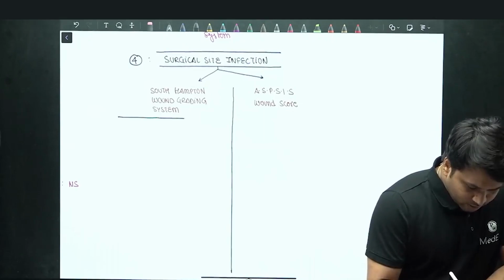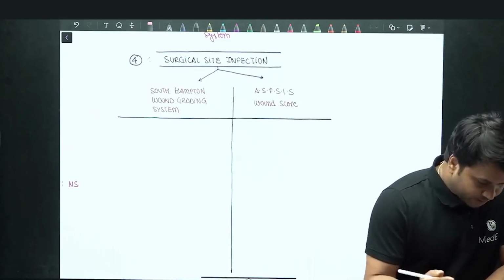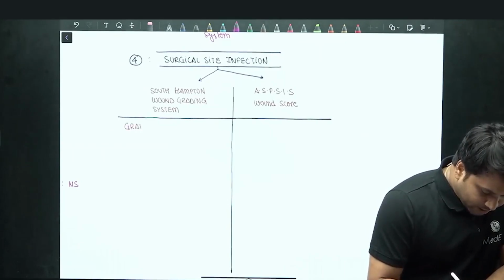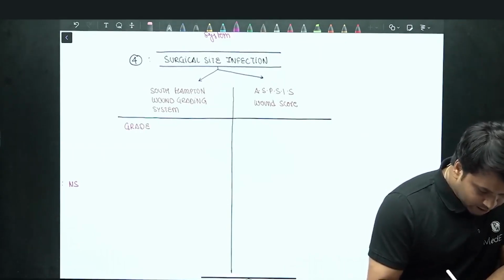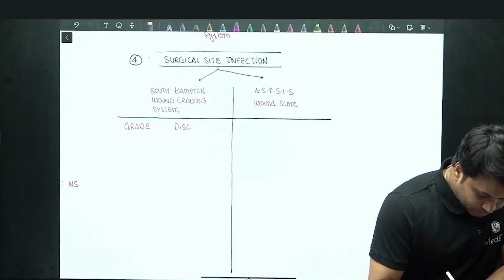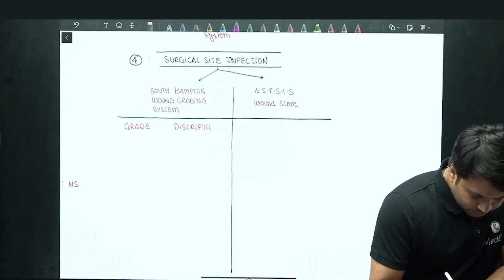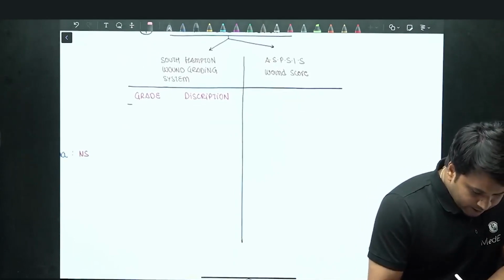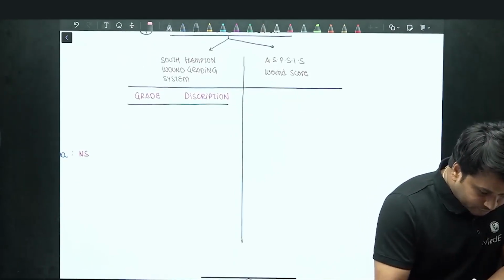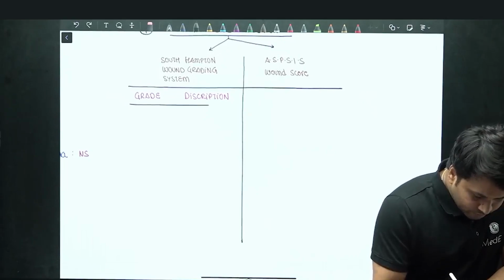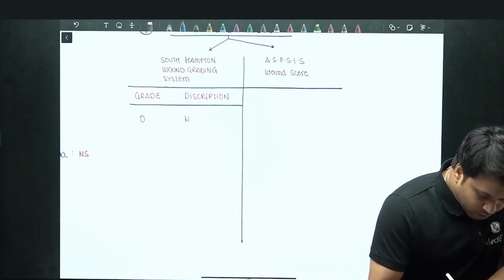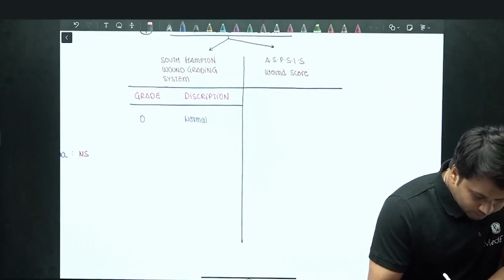So let's look across this. In a Southampton wound grading system, on one end we have the grade, on the other hand we have the description. Now here when you talk about grade and description, we have grade 0 where normal healing is noticed.